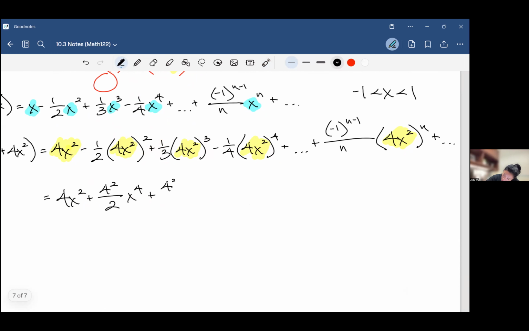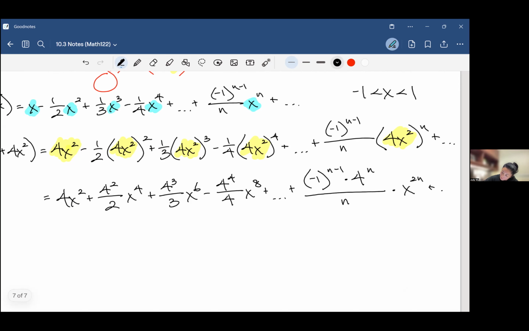Plus 4 cubed over 3 x to the sixth minus 4 to the fourth over 4 x to the eighth, times negative 1 to the n minus 1 times 4 to the n over n times x to the 2n.